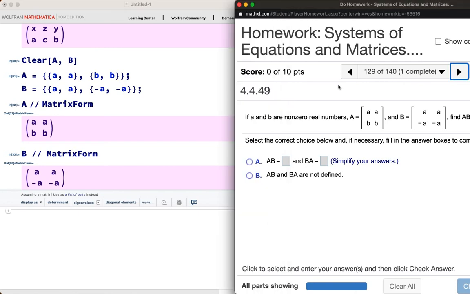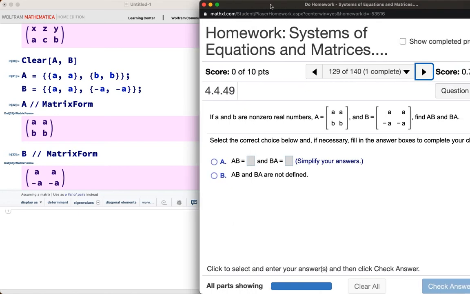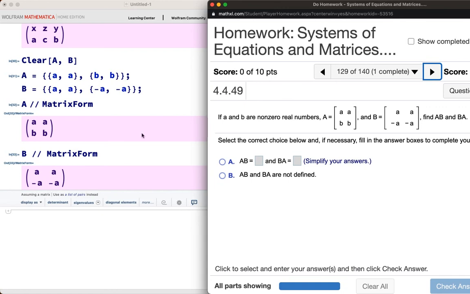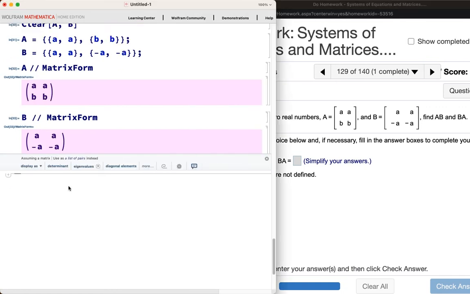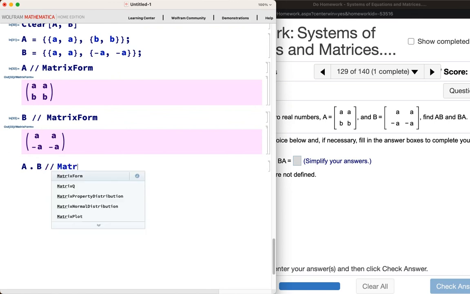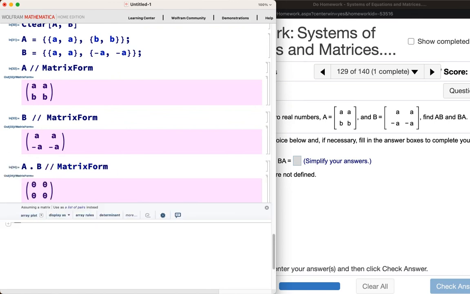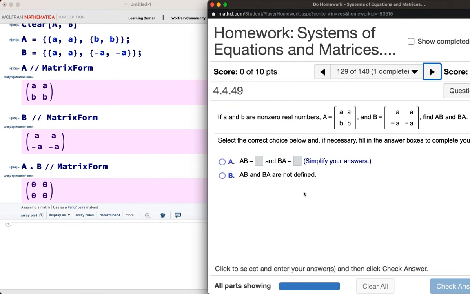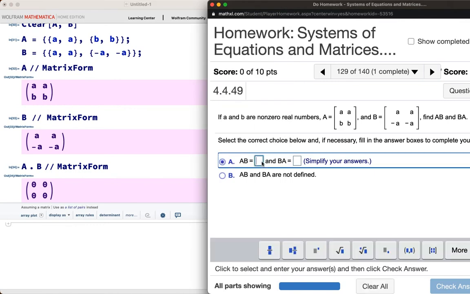So it's asking, find AB and BA. So let's see. Okay, so A times B is equal to the 0 matrix, the 2 by 2 0 matrix.